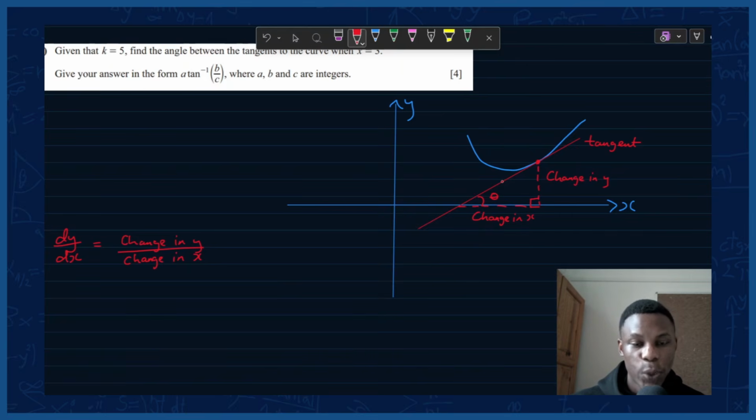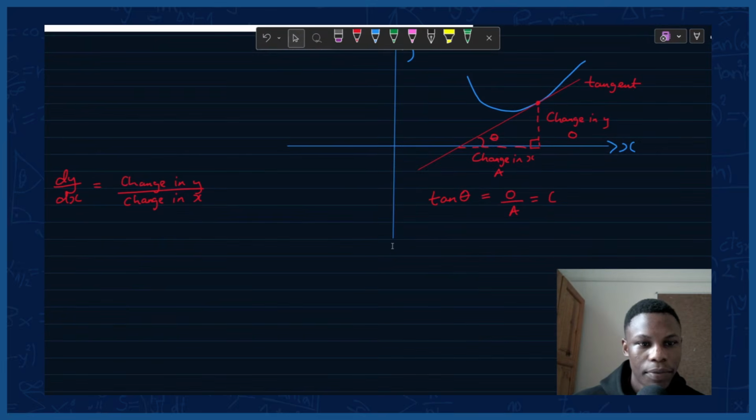So in fact, according to SOHCAHTOA, I've got the opposite as my change in y and the adjacent of this triangle as my change in x. So I can go as far as to say that TOA, where I've got opposite and adjacent, tan theta is going to be your opposite over your adjacent, which is simply your change in y over your change in x.